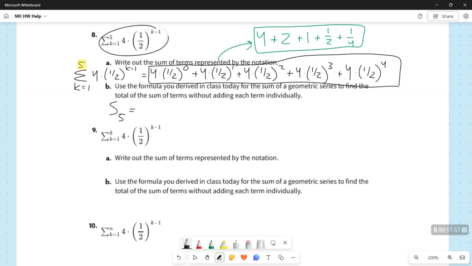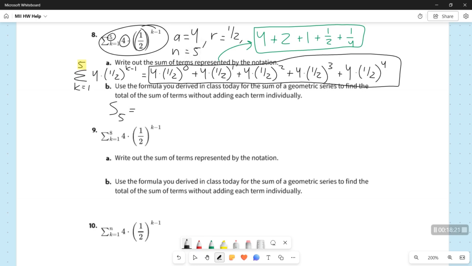Going to our original expression, our A value is 4, whatever is outside the parentheses. Our R value is what's getting raised to the exponent, which is 1/2. And our N value, because we're starting with k equals 1, we can just take that 5.